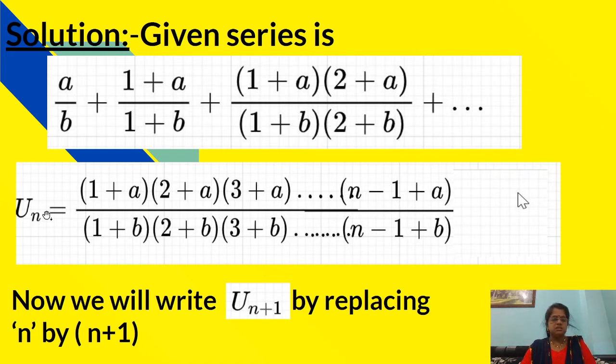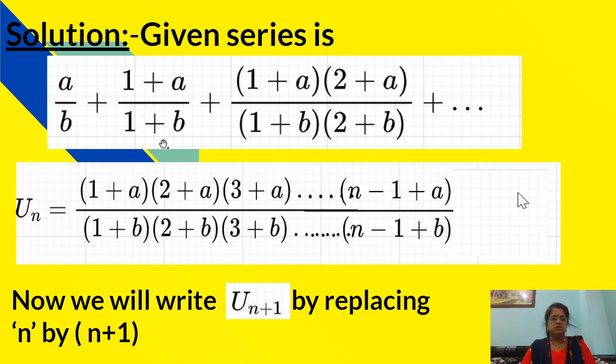Now from this we can write un, and un is equal to 1 plus a into 2 plus a into 3 plus a dot dot n minus 1 plus a divided by 1 plus b into 2 plus b into 3 plus b, n minus 1 plus b.